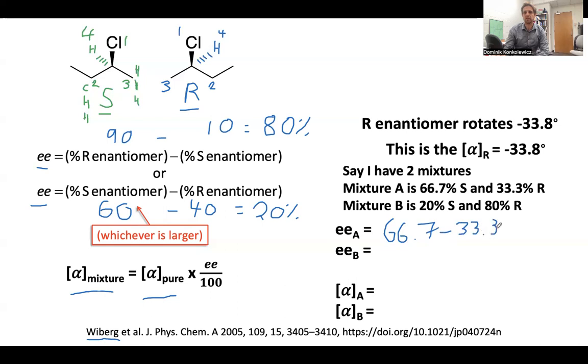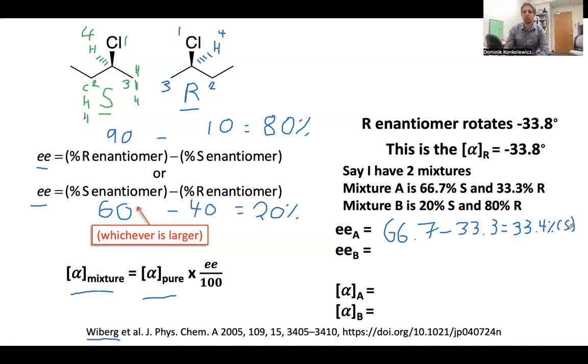If we calculate that difference, it is equal to 33.4% of the S enantiomer in excess. So that's 33.4% with the S in excess.